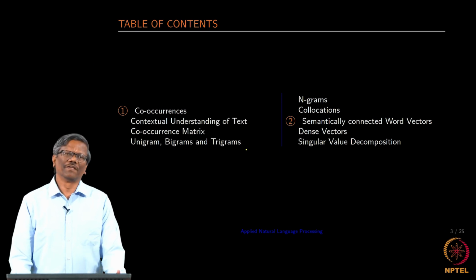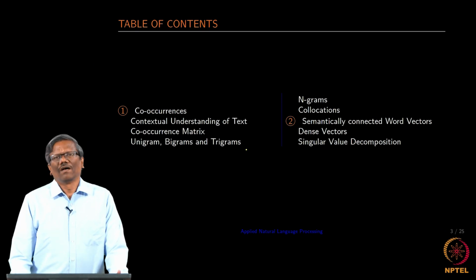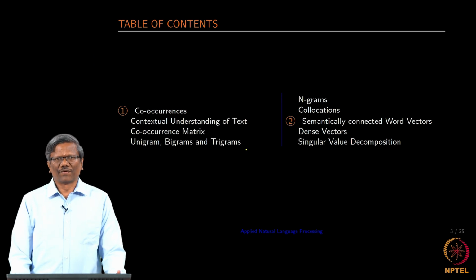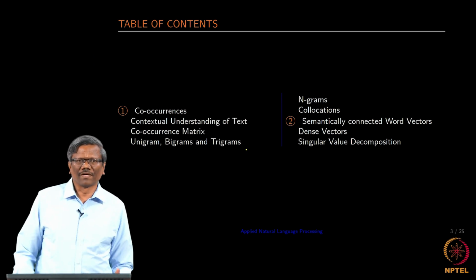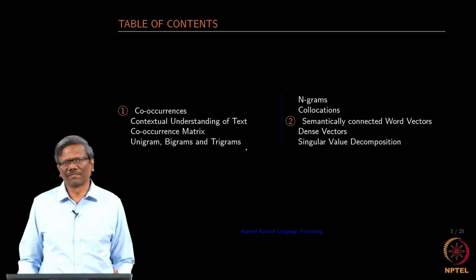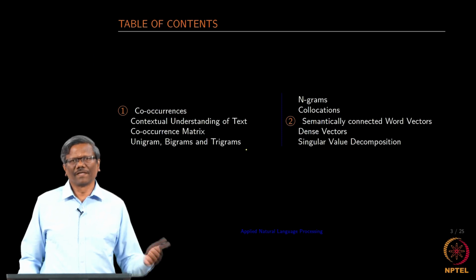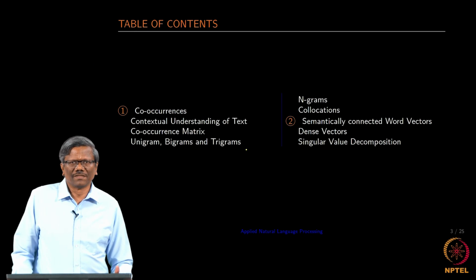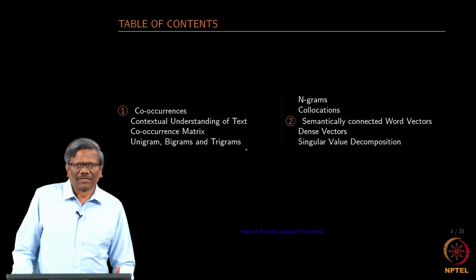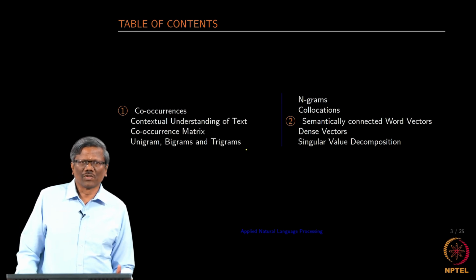You remember earlier we were only worried about a single word and trying to find out some statistics about that, and then using the data that's available in the corpus, we are doing some operations with respect to the corpus in terms of identifying the similar documents, extracting named entities, and so on and so forth.